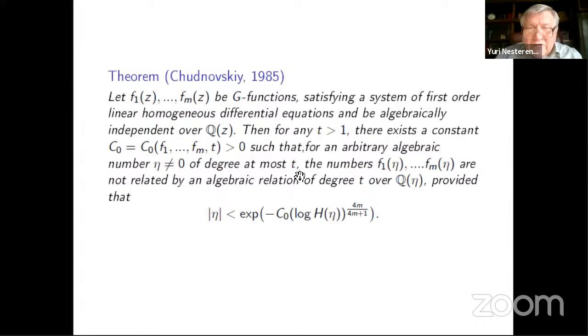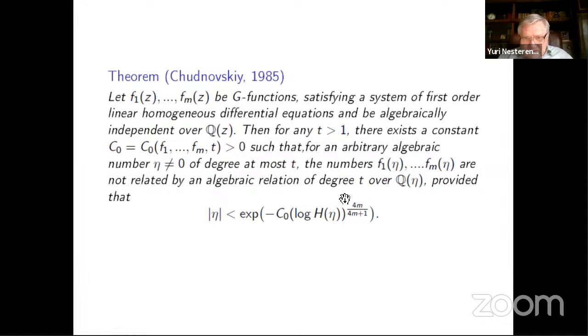So we have some parameter t. It bounds from above the degree of this algebraic number eta, and the numbers are not related by an algebraic relation of degree t. So some bound for the degree of the point gives some bound for the algebraic relation.